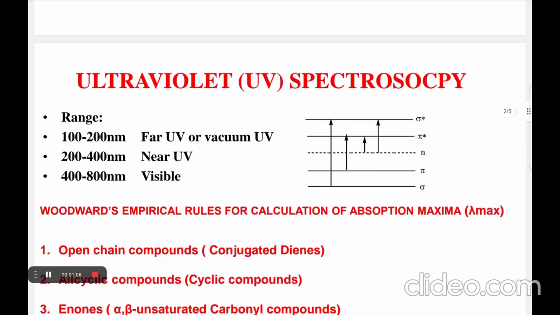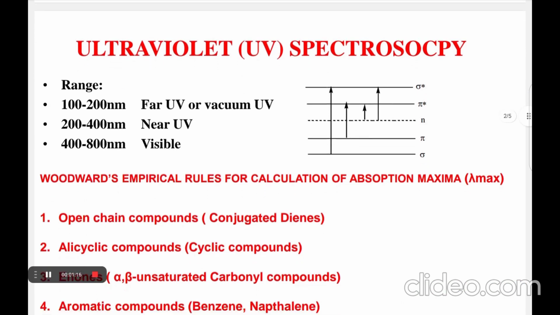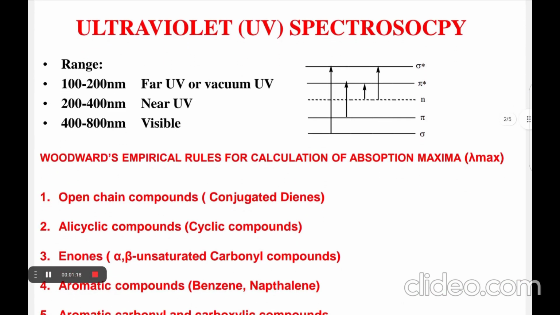The range of UV radiation as well as visible radiation is about 100 to 800 nanometer. 100 nanometer to 400 nanometer we call the UV range. Simultaneously, 400 nanometer to 800 nanometer we call the visible range.